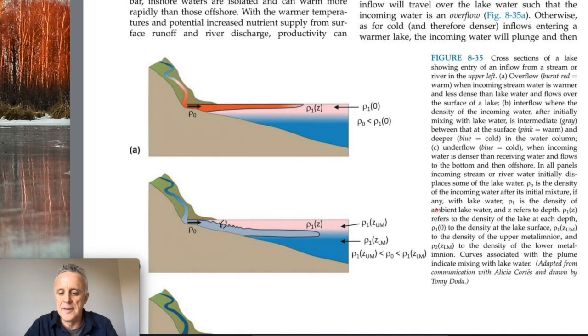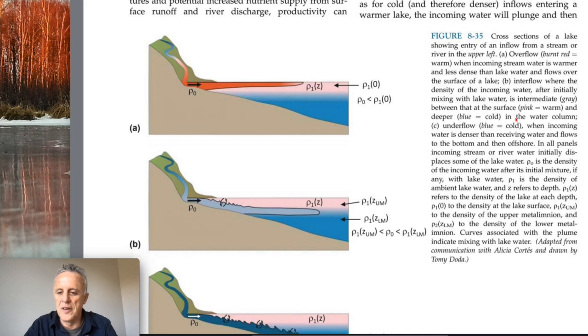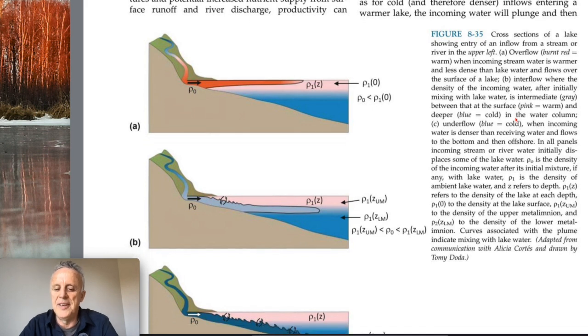And then let's see, so we have B, interflow, where the density of the incoming water after initially mixing with lake water is intermediate. So there's mixing between the water from the stream and water from the lake, and therefore the temperature is intermediate between the warmer water and the colder water here. That is lake-based water, I believe.